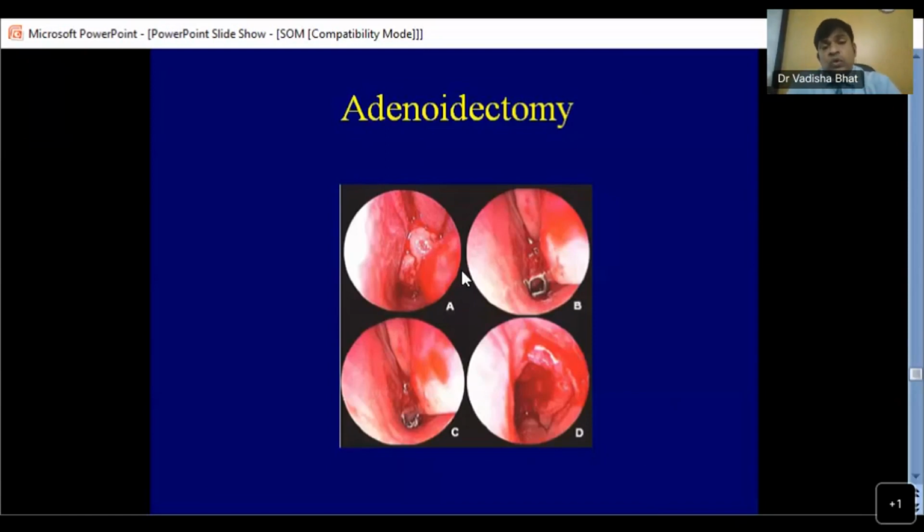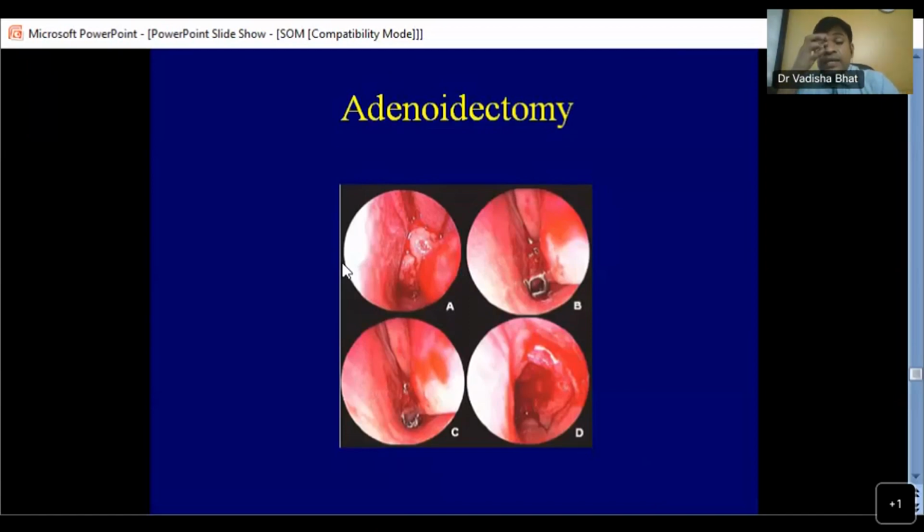In both groups, the incidence of serous otitis media was quite significant. That is why, when we do adenoidectomy, it is always better to look for the presence of serous otitis media. And whenever there is serous otitis media, always look at the nasopharynx and get rid of the enlarged adenoids.